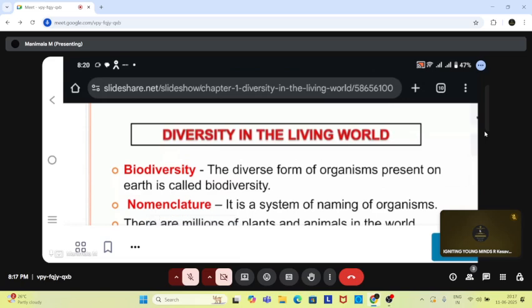Did you get the clarity? What is biodiversity? Biodiversity means the variety or diverse forms of organisms present on the earth. We have different forms of organisms like plants, animals, birds, microorganisms, present in different areas. All these different kinds of organisms we generally represent as species.